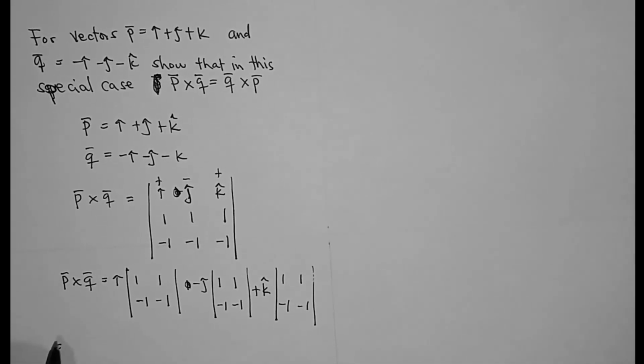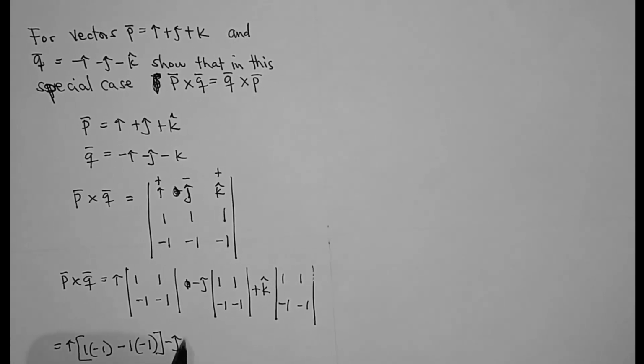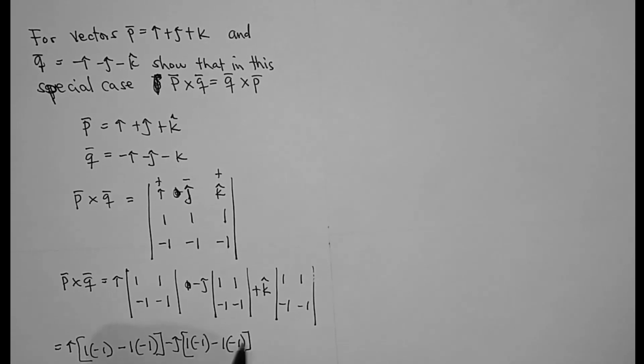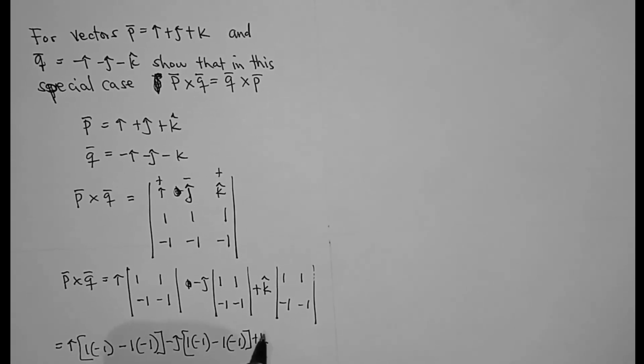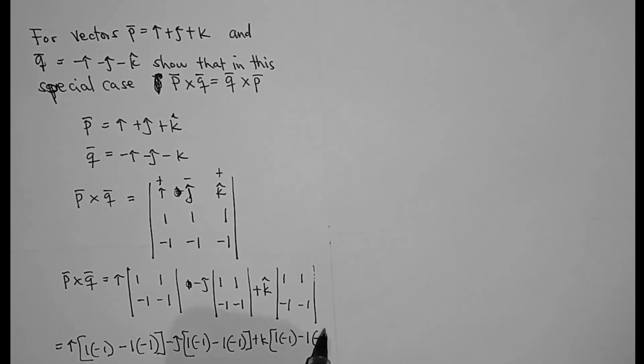So this is equal to i, and then 1 times minus 1, then minus 1 times minus 1, then minus j, 1 times minus 1, minus 1 times minus 1, then plus k, which is 1 times minus 1 minus 1 times minus 1.